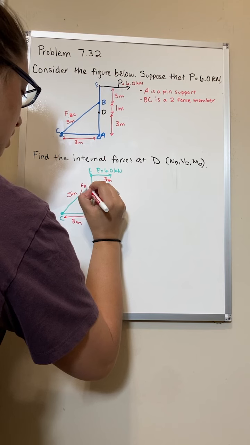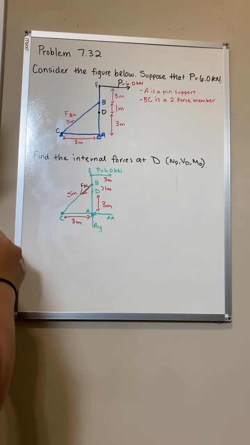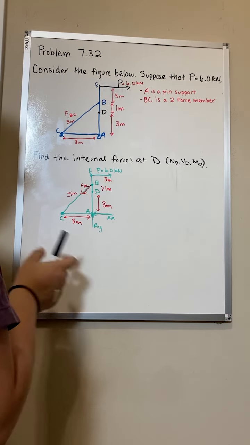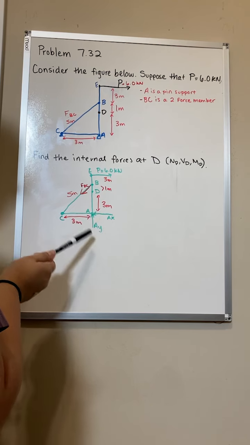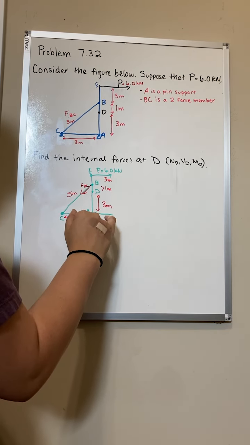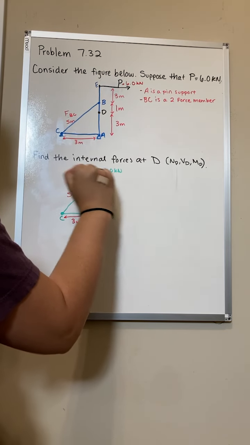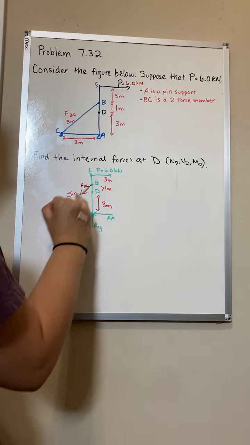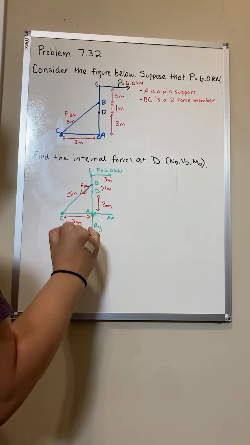Force BC. All right, so the first thing we're going to think about is our equations of equilibrium, and we're going to come to the conclusion that we have some unknowns with our horizontals. We have AX, which is unknown, our P force, which is known, but then we have a horizontal component of force BC.